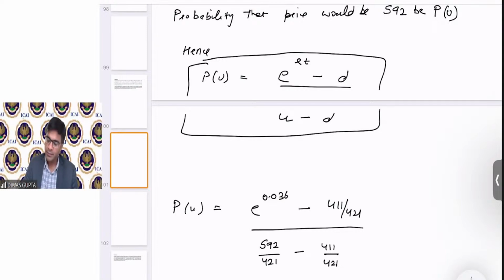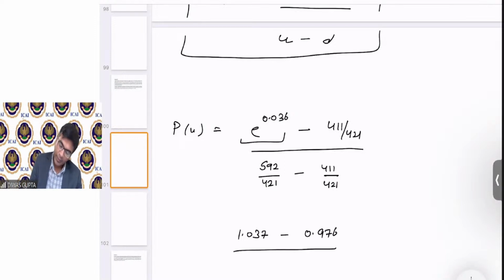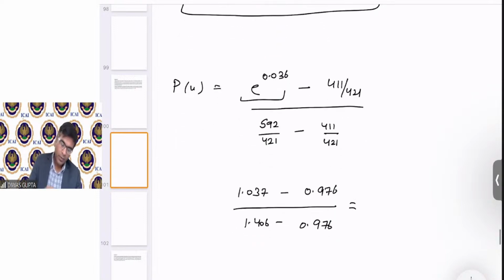So how much does this become? E raised to the power 0.036 is actually 1.037 minus 0.976 divided by 1.406 minus 0.976. So it becomes 0.1418.